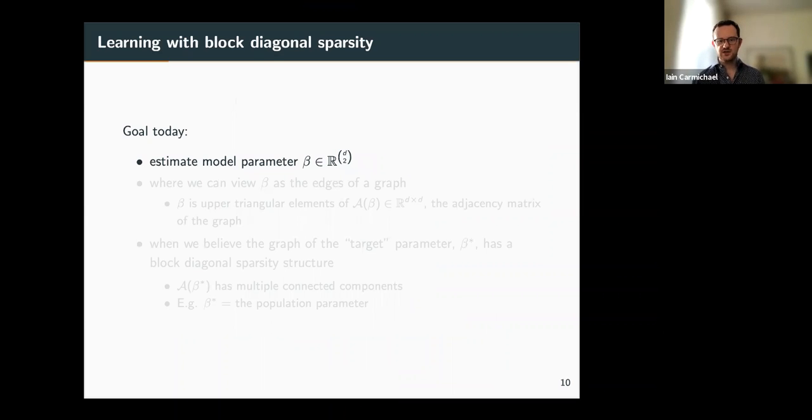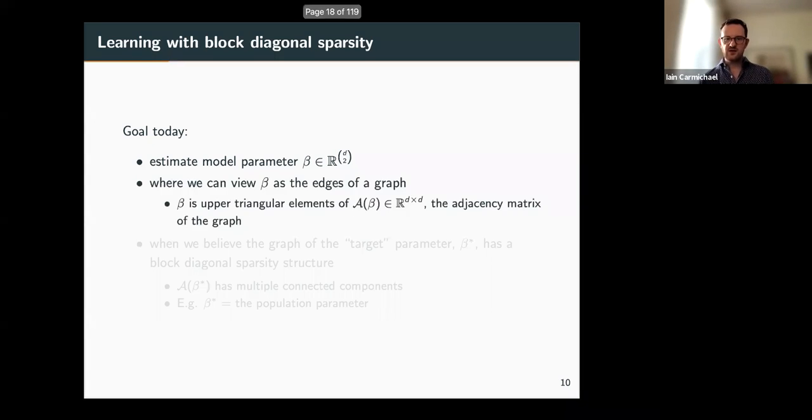And so to explicitly state the context of our learning problem, our goal is to estimate some parameter vector beta, and beta is going to be d-choose-2 dimensional. I'm going to assume we can somehow view beta as the edges of some graph. So again, maybe beta was the correlations, and we can map the correlations to the correlation matrix, and that gives a graph.